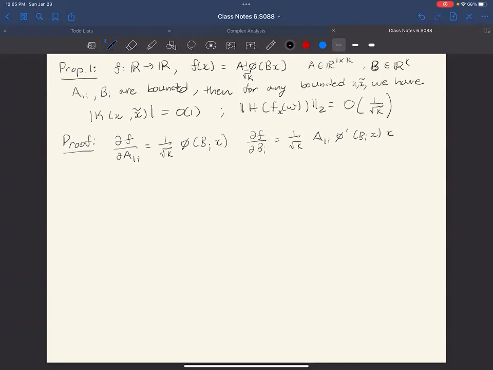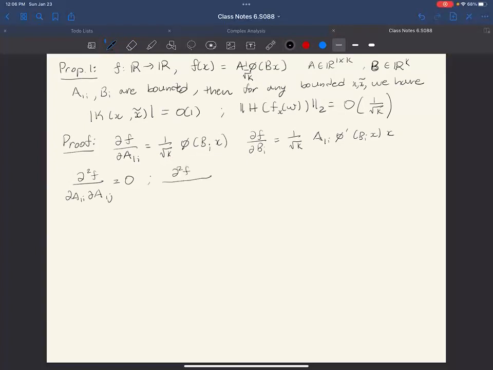Now we can compute the Hessian terms, where we have to compute all these second order partial derivatives. You see that there are no a_1i terms here, so the second derivative with respect to a_1i and a_1j is just 0.